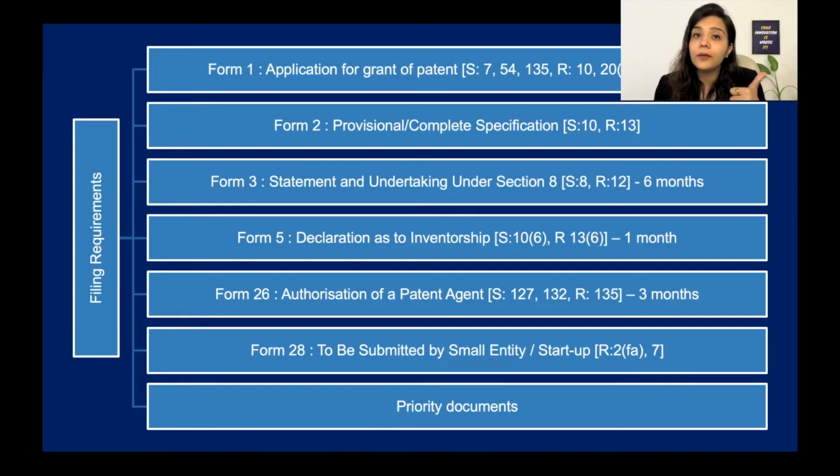And if we are claiming priority of our patent application from any other country, then priority documents need to be given. But if these two scenarios are not there, then form 1, form 2, form 3, form 5, and form 26 are necessary. Then let us try to understand what are these forms.